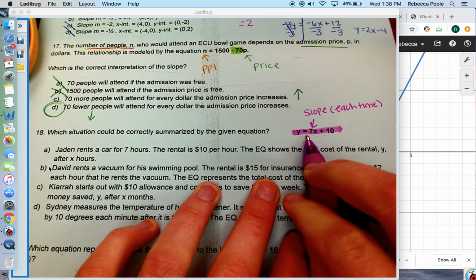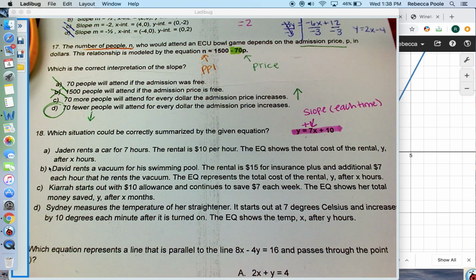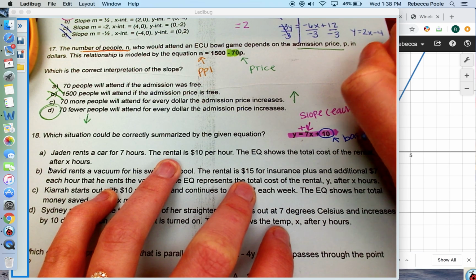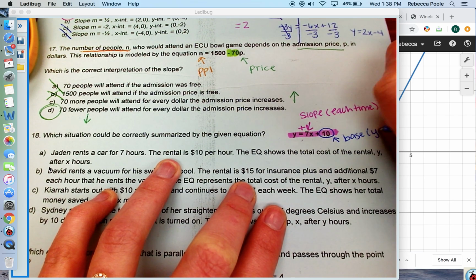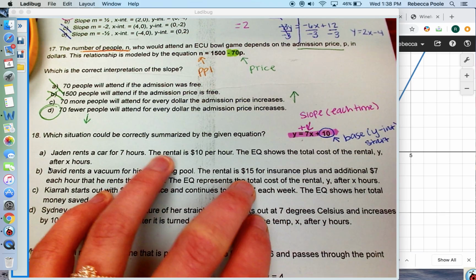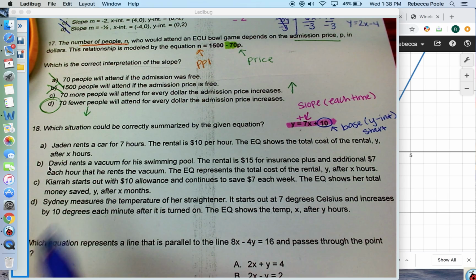And notice I said going up because that 7 is positive. And then the 10 in this equation is the base, which is the y-intercept. And the base is always where we start a line, right? All right, so let's go look at this.